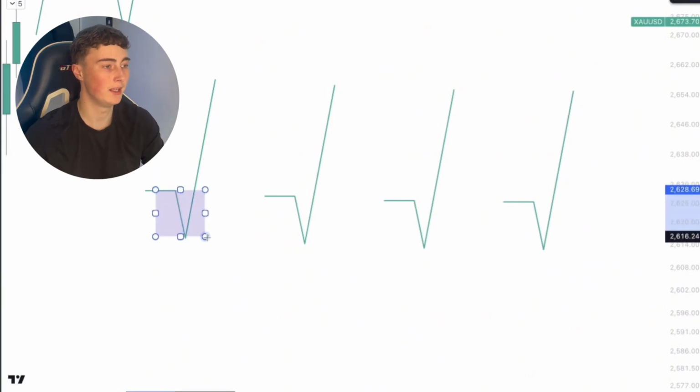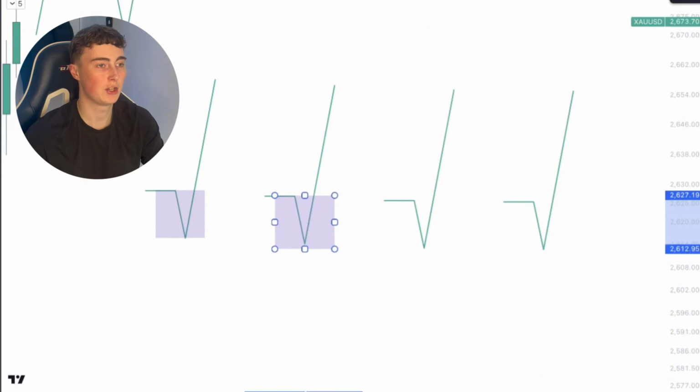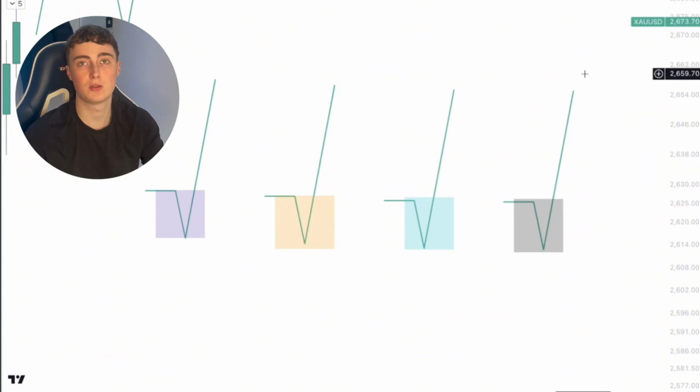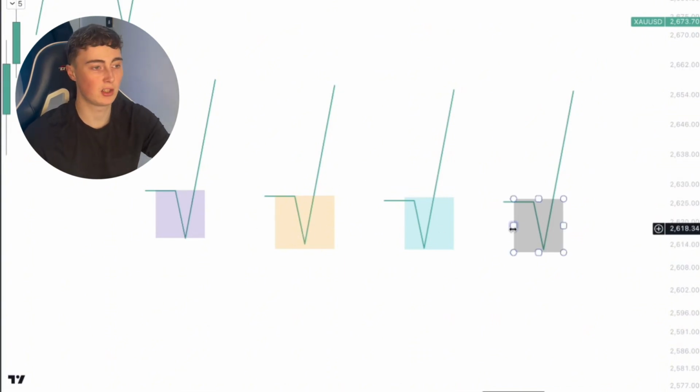There's one where it is London that forms that low. There's one where it is New York that actually forms that low. There's one where Asia actually forms the low. There's also one for indices where the AM session forms that low. There's a variety of different daily cycles that could play out. So all you do is you wait for that manipulation and see which daily cycle it aligns with.